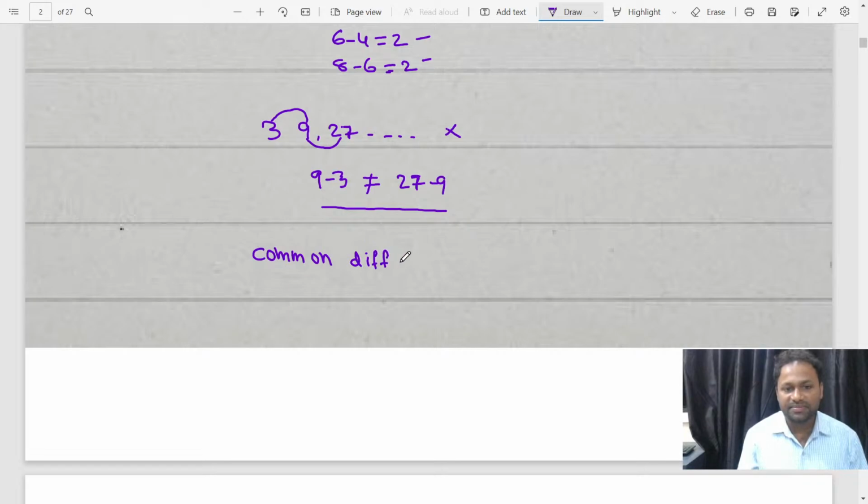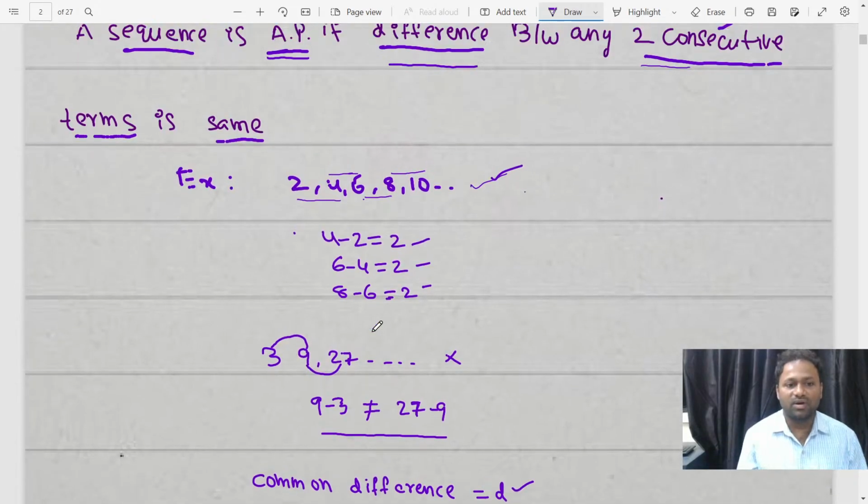Common difference we always denote with D. And in the sequence, the first term we denote with A. In the previous example, this 2 is the first term, so we write A is equal to 2.